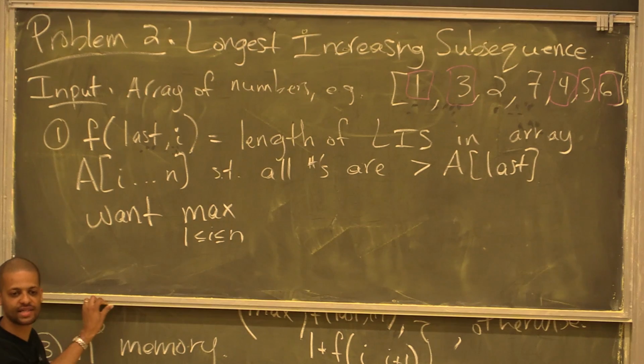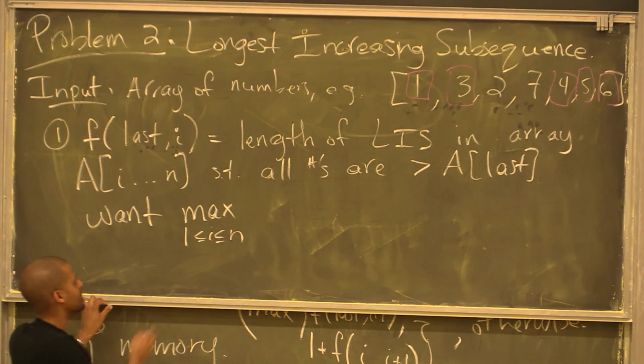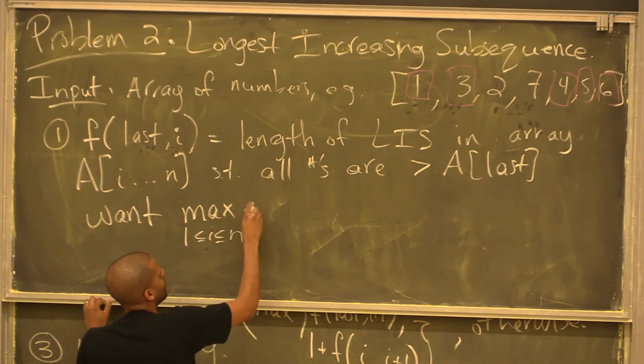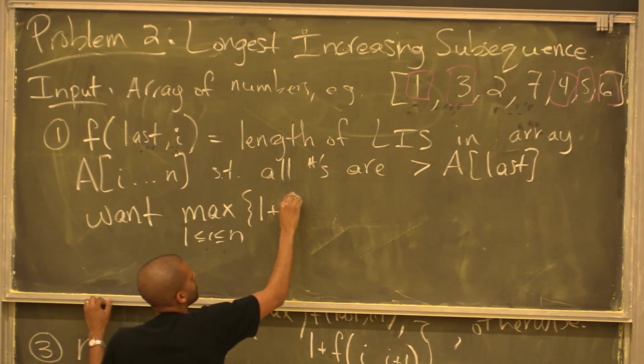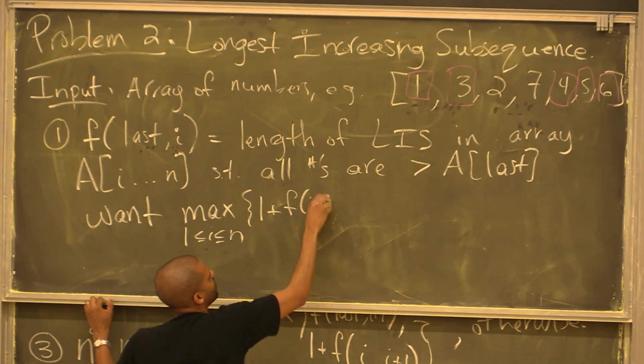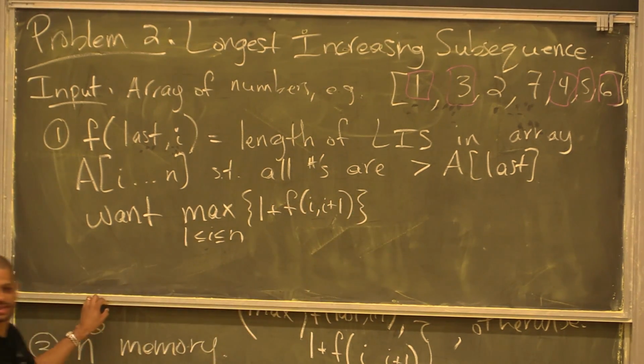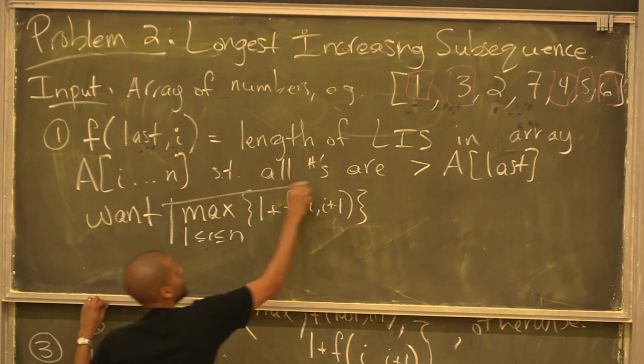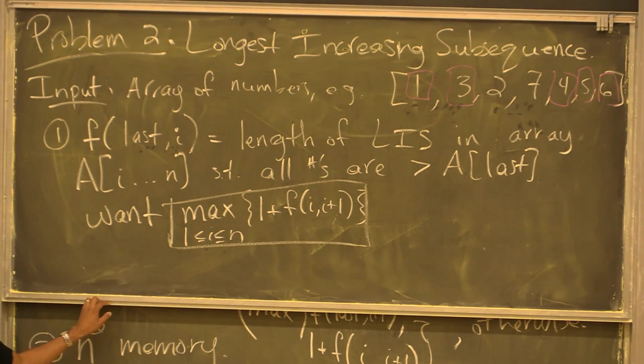I don't know where the LIS is going to start, so I'll just try all possibilities for where it starts. So the max over all I from 1 to n of 1 plus f of I plus 1. Does that make sense? This would give me the answer. If you want to be slightly clever, another thing you could do is, before you call the recursion, just prepend minus infinity to a.